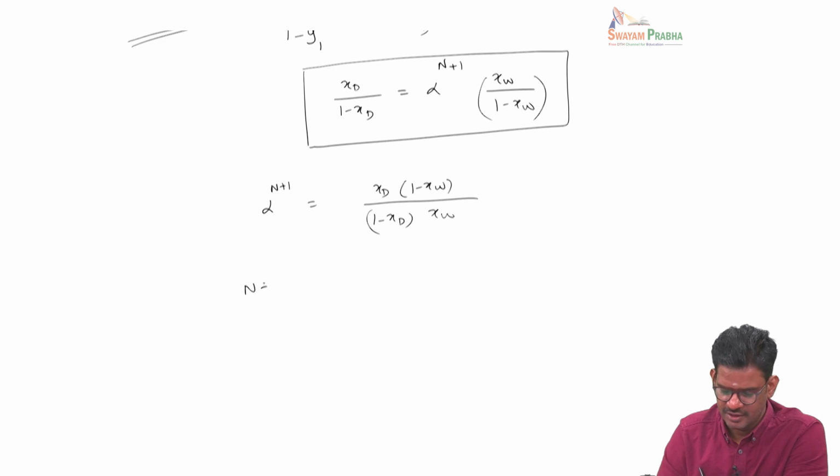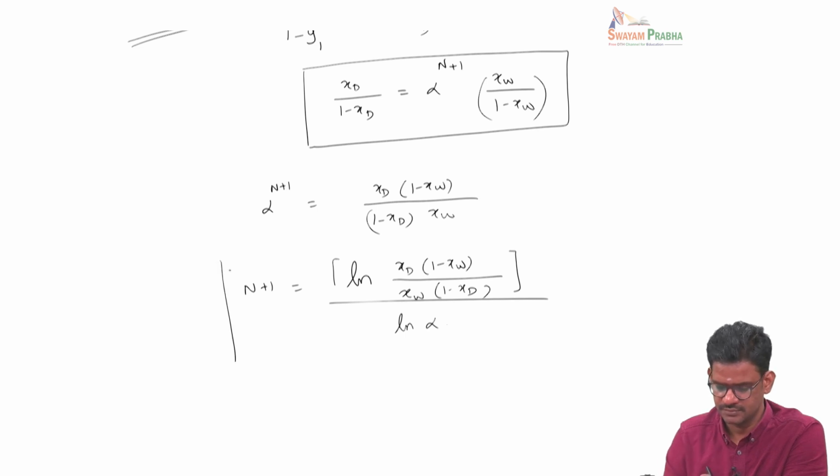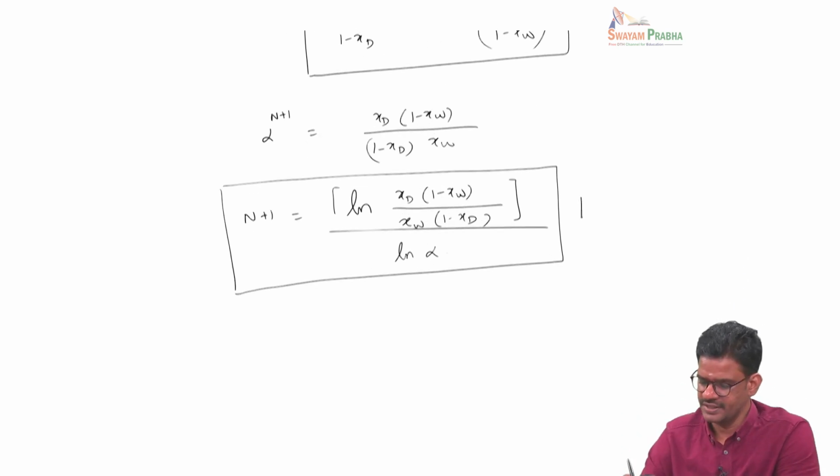And if you take the logarithm of this, you will get n plus 1 equals ln of xd into 1 minus xw over xw into 1 minus xd, over ln of alpha. And this is called the Fenske equation.